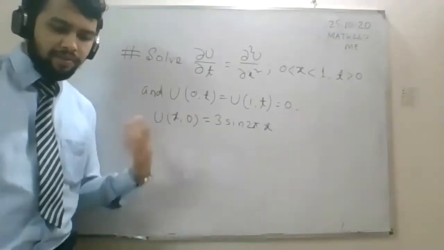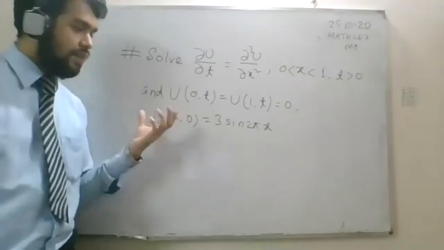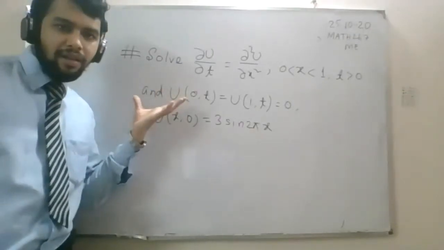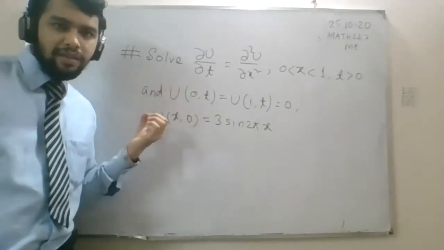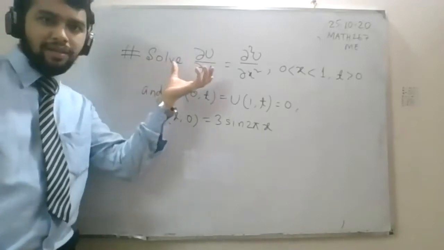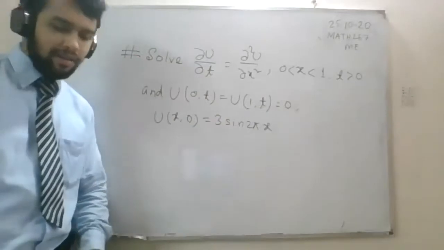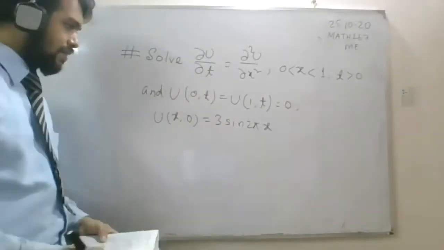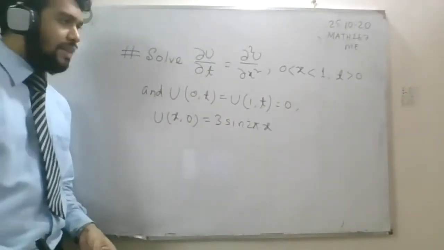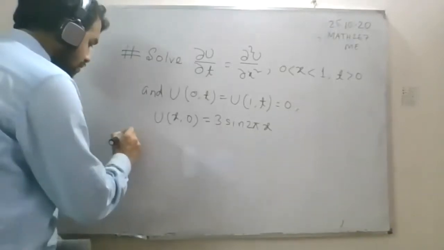And in our previous class, we just saw that we give the initial condition and also solve some partial problems. Okay, so here this is our boundary condition. You have to solve this kind of problem by using the separable variable method.